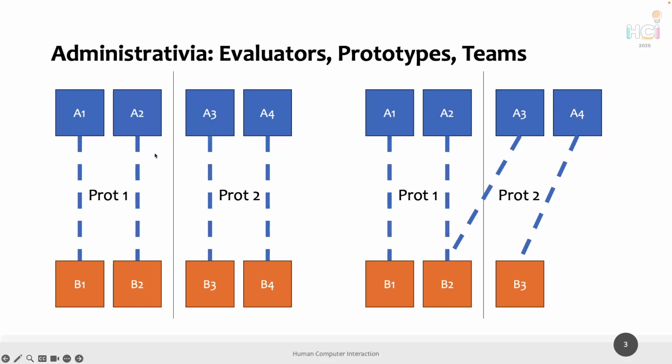You can divide the groups in 2. So the first 2 components of group 1 will evaluate the prototype number 1 of group 2 and vice versa. And the third and the fourth members of group 1 and group 2 will focus on prototype 2, okay? So by exchanging, in a way, the prototypes. So this is a possible scenario, okay? But of course, you are free within your group to test different prototypes of different groups, okay? So this is just a possibility, okay?